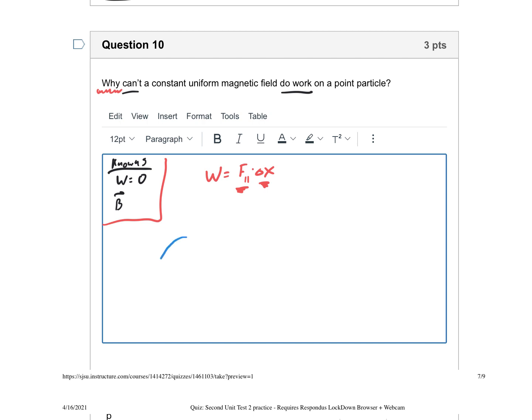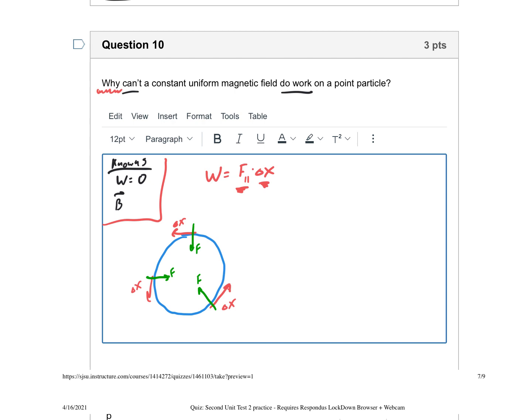But when we have magnetic forces, we get motion that is like so, and we get, so that's our delta x, delta x, delta x. And we get forces that are always perpendicular to that.